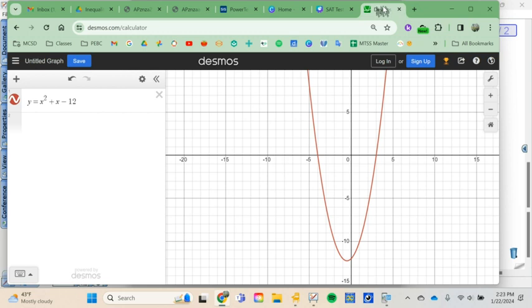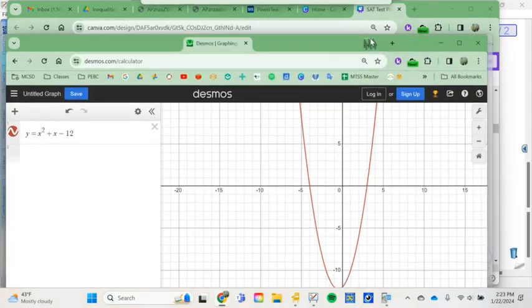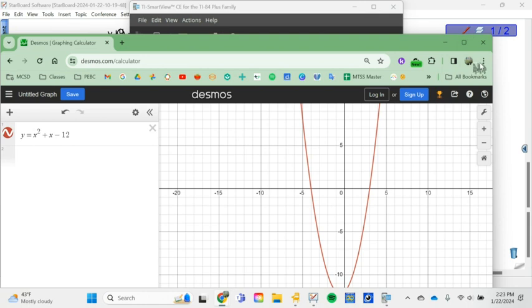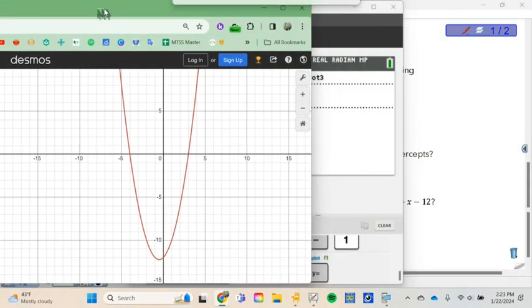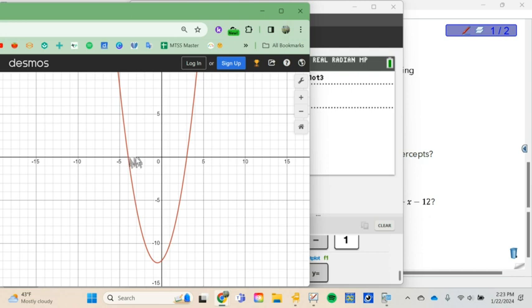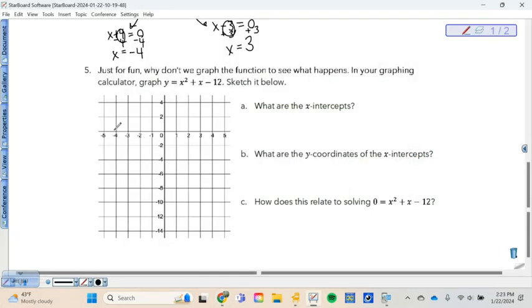Yeah, negative 4 and 3. Those are my x-intercepts. Oops, not 3, positive 3. Negative 4 and positive 3.